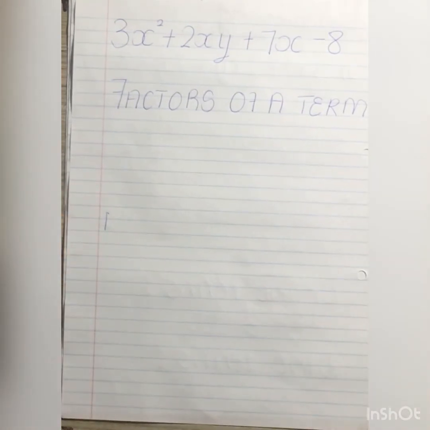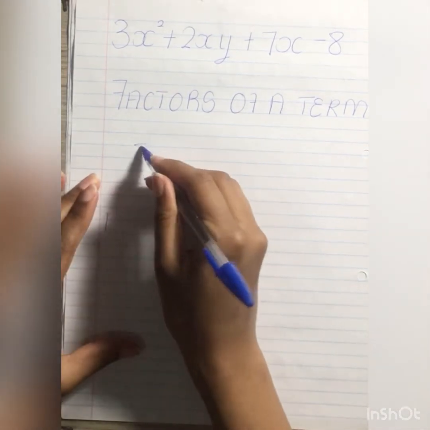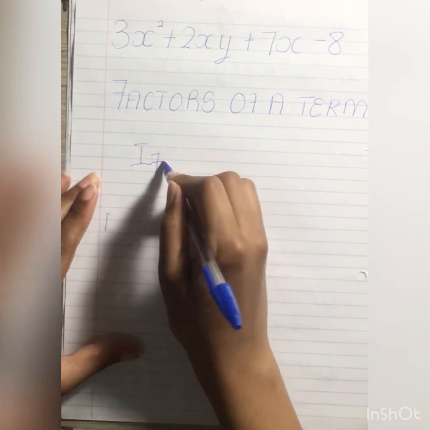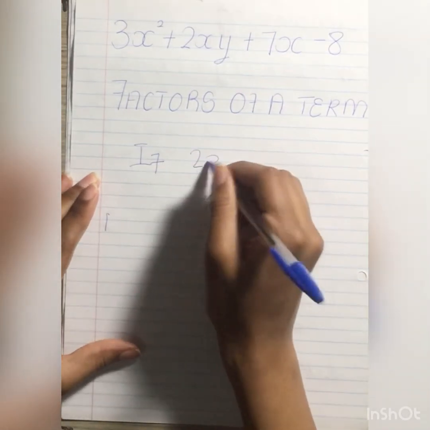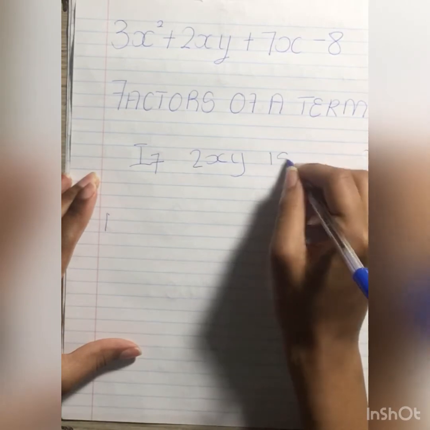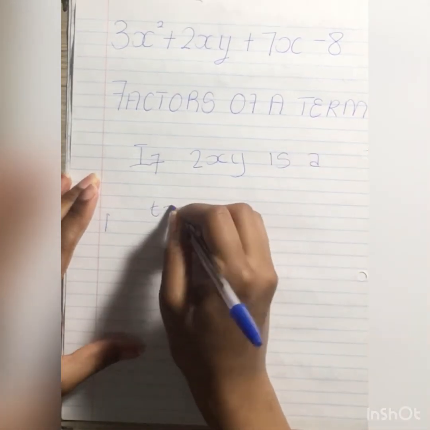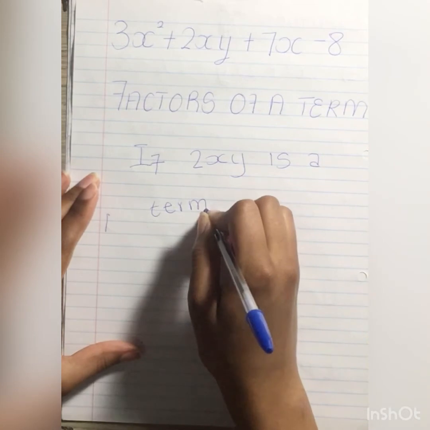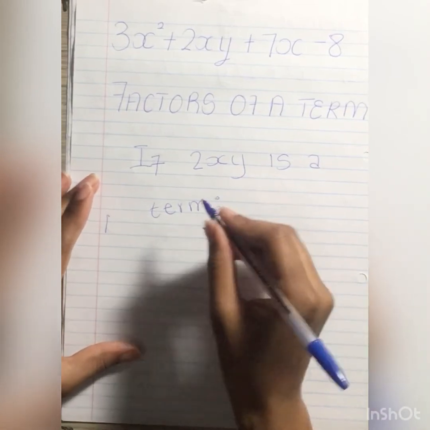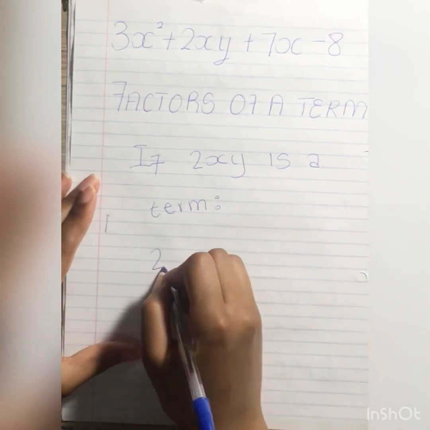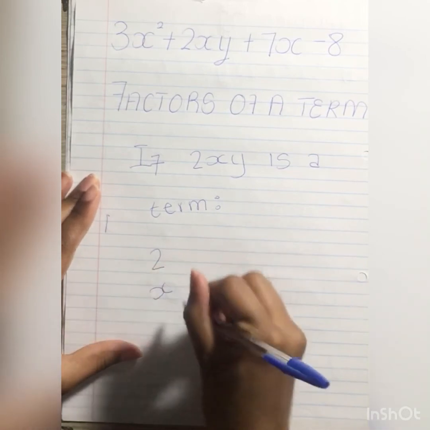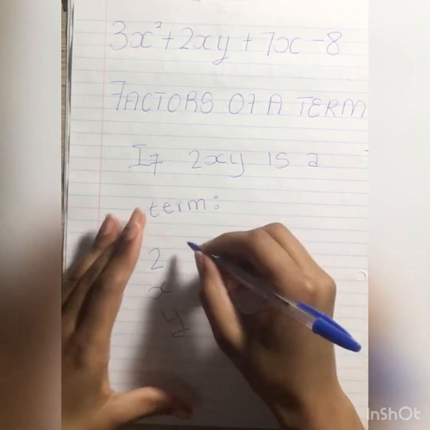Furthermore, we look at the factors of a term, okay? With regards to the factors of a term, we look at certain things. So, if we write down here, if 2xy is a term, okay, then it has the factors 2, x and y, okay?